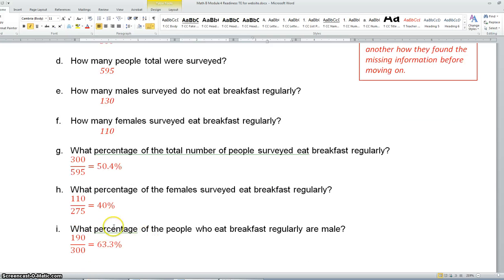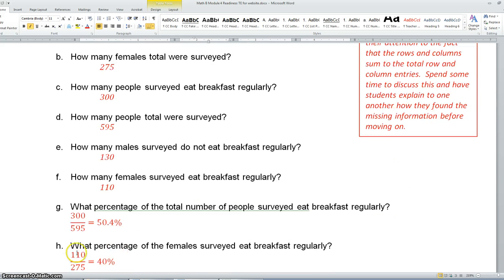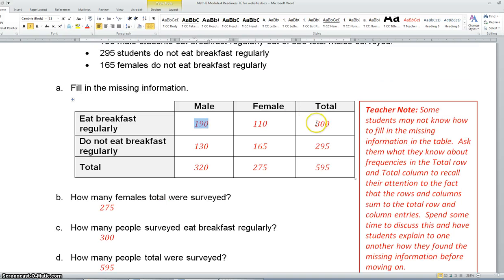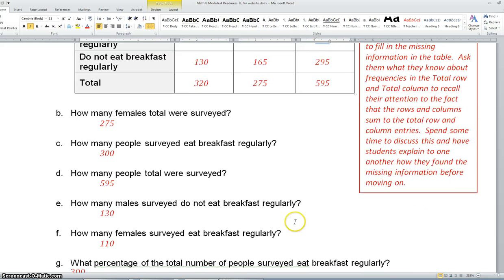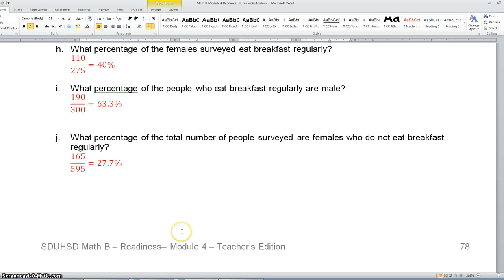And people who eat breakfast regularly are male, quickly, 190 is the numerator of this fraction, and the total number of people who eat breakfast regularly is 300, so it's this divided by this times 100, and that's where you get that number. Last one, what percentage of the total number are females who do not eat breakfast? That's 165. Look at your table, divided by the total number of people is 27%.